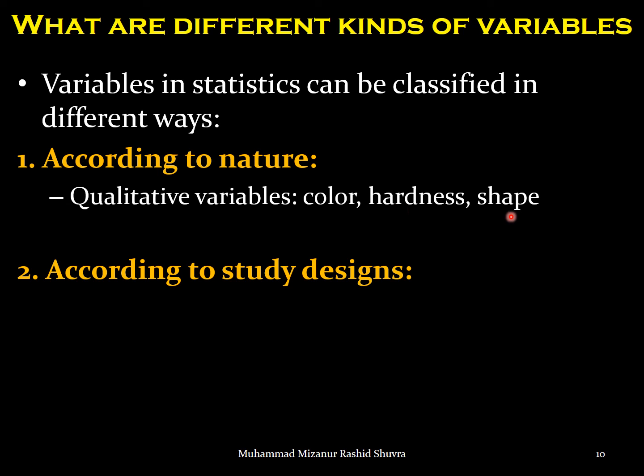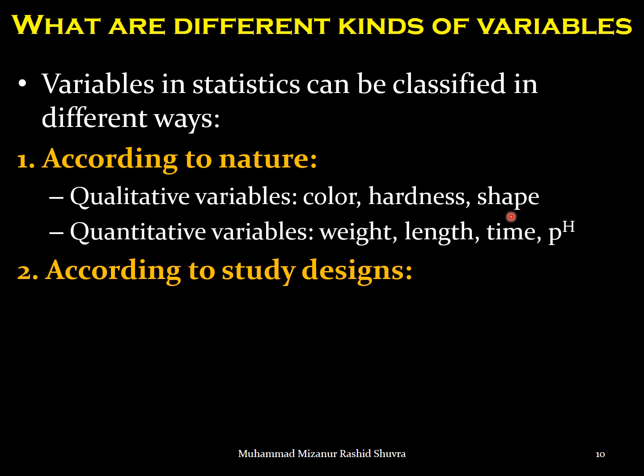Shape itself can be a variable, and the data you get are not in numbers. You get square shape, round shape. Those are not numbers, but you code them later and say all the square tablets are coded 1, all the round tablets coded 2, etc.